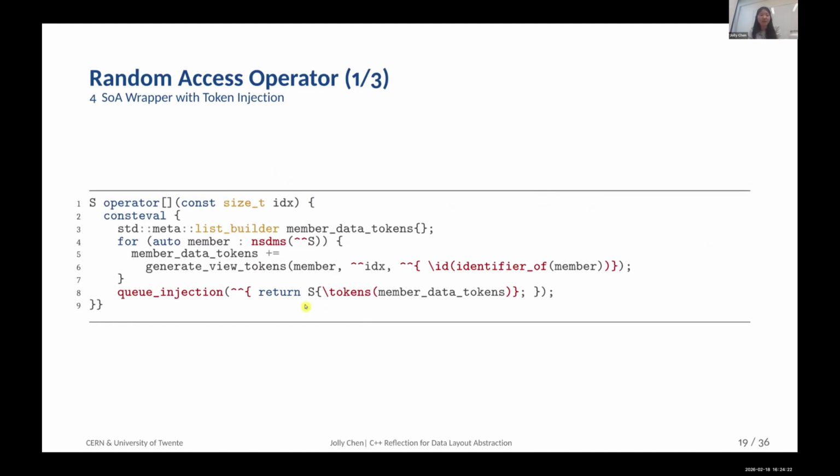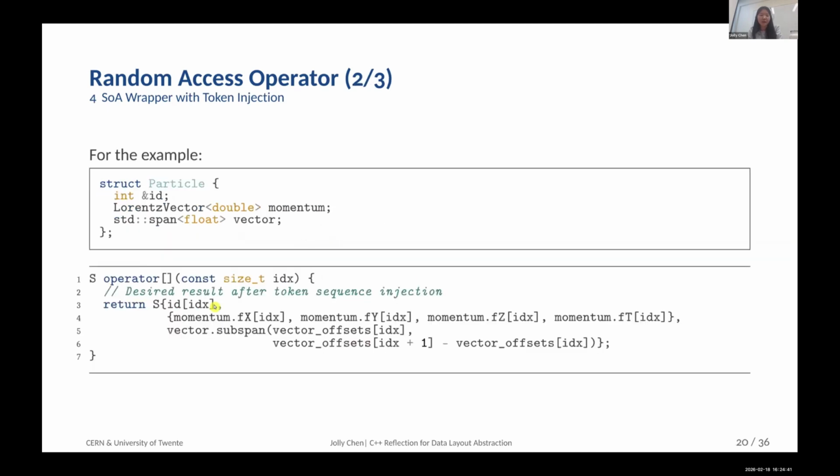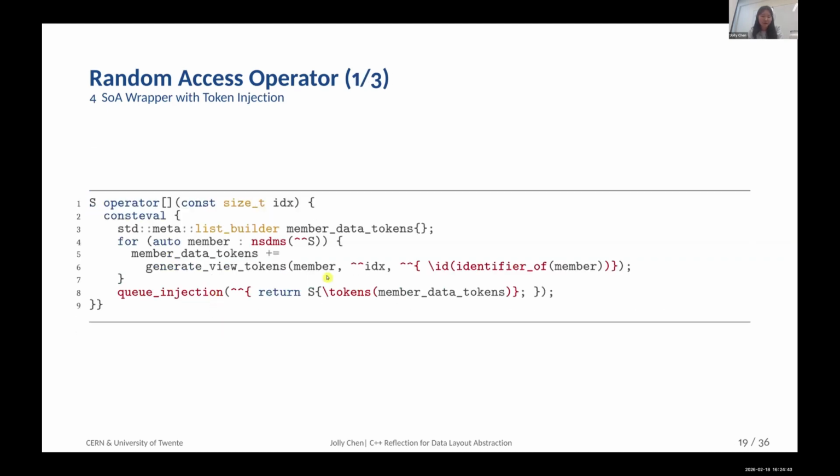On this slide, I'm showing the random access operator. And this shows another way in which you can concatenate token sequences using a list builder. This creates a comma-separated token sequence. What this is doing is, again, looping over the data members inside of the original structure.